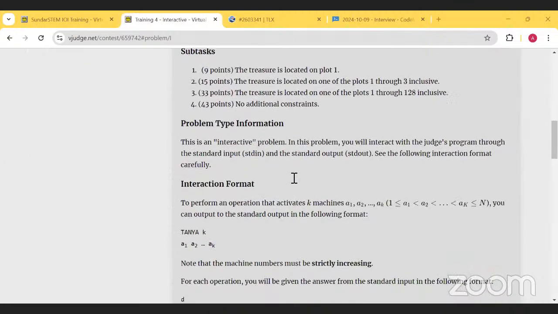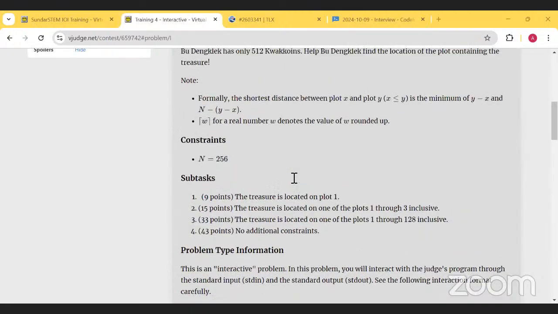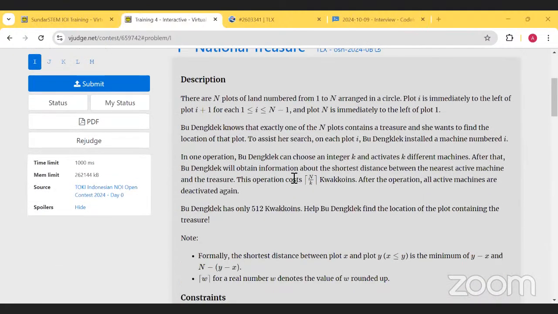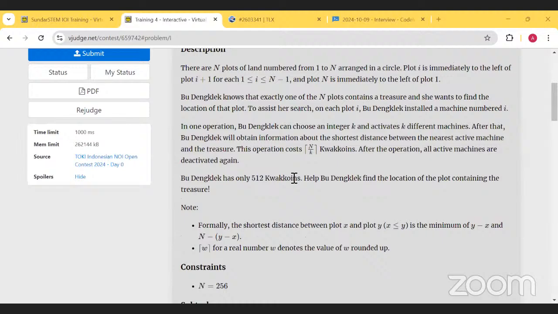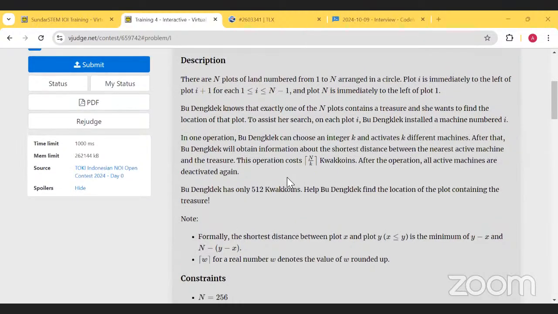Okay, any idea about the solution of this problem? If we don't care about find the minimum cost, then how to find the answer?